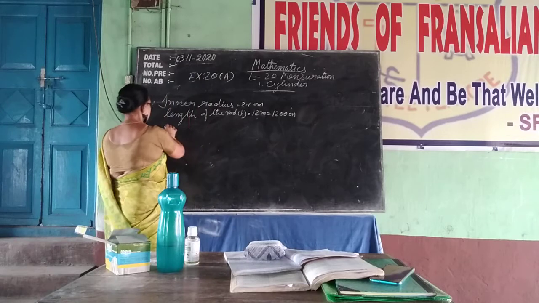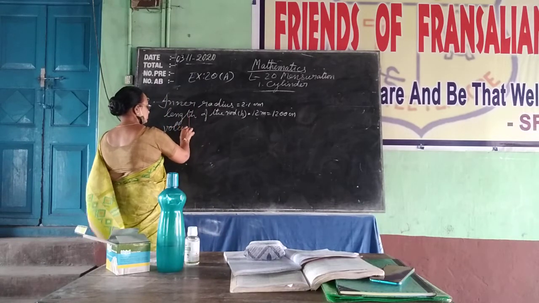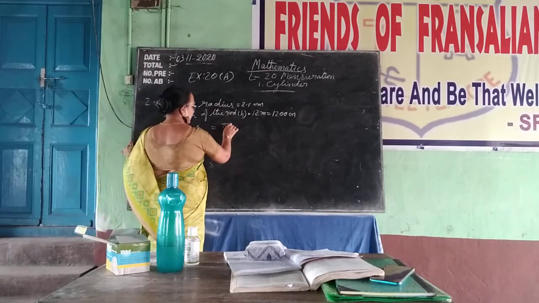Volume is equal to. What is the formula to find the volume?